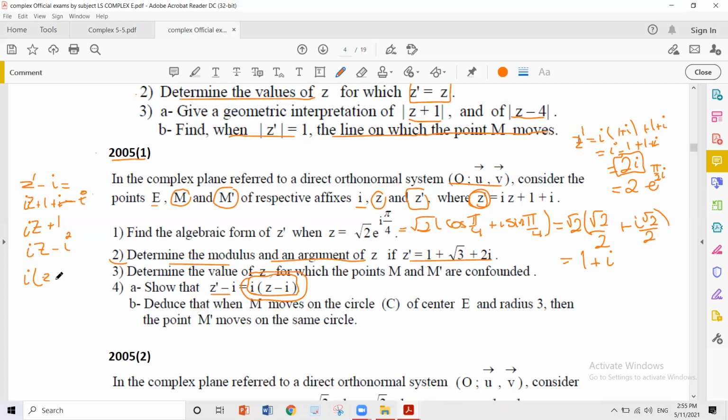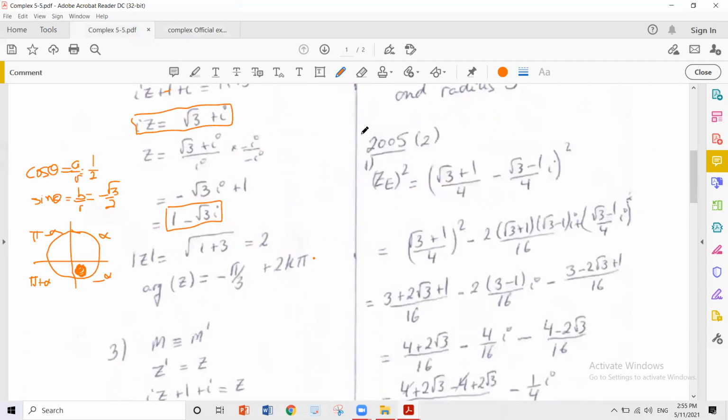Now part 3. Determine the values of z for which the points M and M prime are confounded. M and M prime confounded means the same point, so z equals z prime.